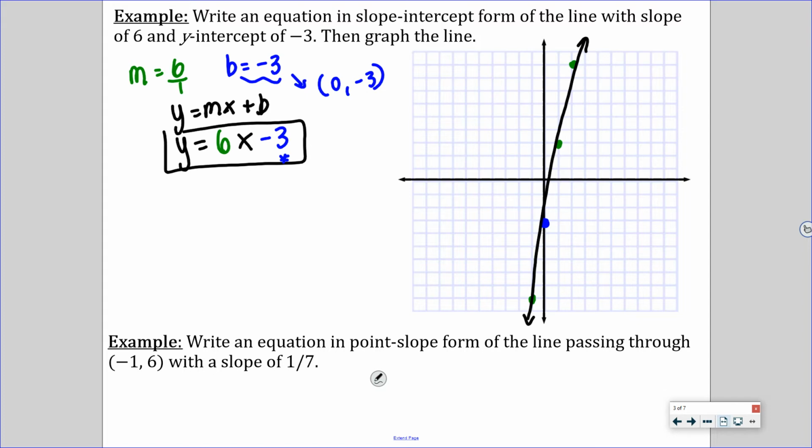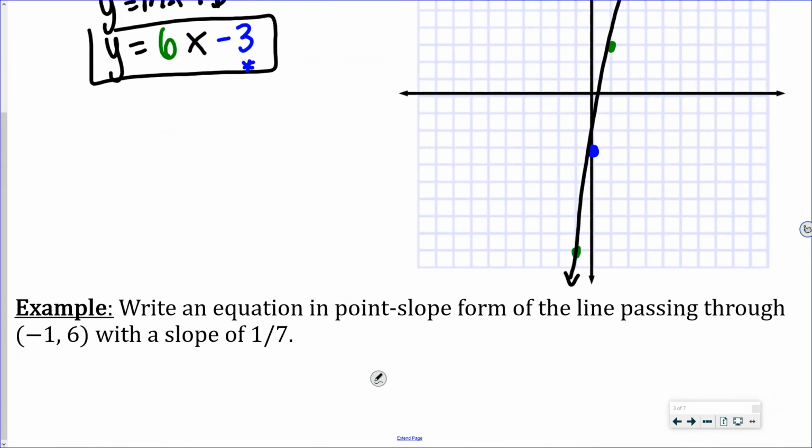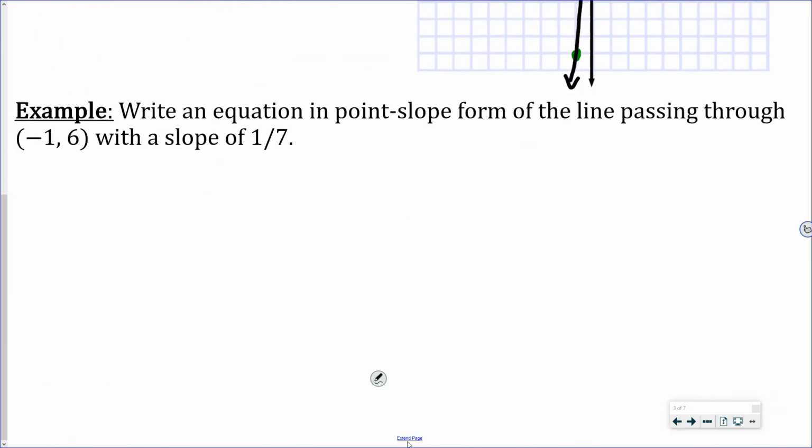Okay. That was level 1. Level 2. Write an equation in point-slope form this time of the line passing through the point (-1, 6) with a slope of 1/7. Am I given my slope? Yes, my slope is 1/7.